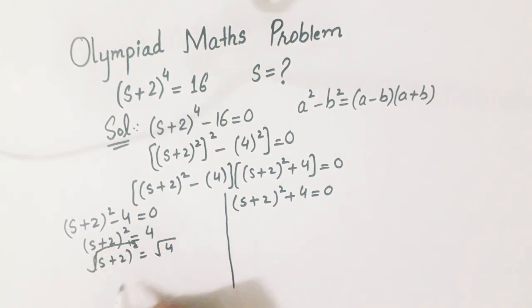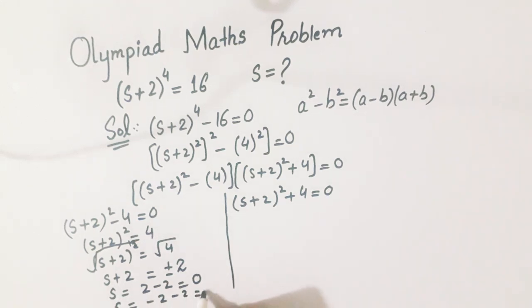So this square is cancelled out. We have s plus 2 equals plus minus 2. Then s equals 2 minus 2, which means 0. And the other one is s equals minus 2 minus 2, which means minus 4.